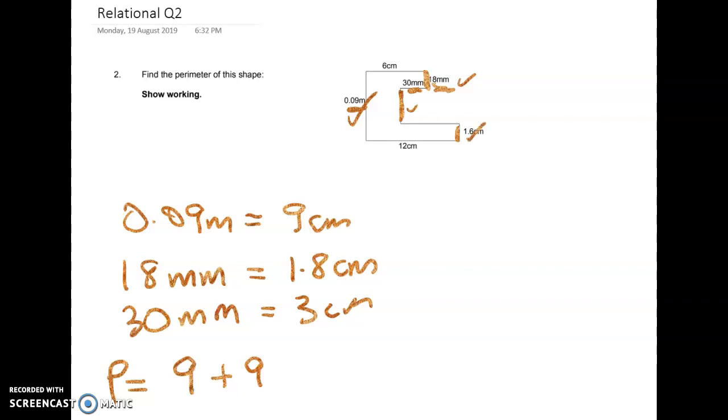And then I've got some bits left to add in. I've got 12 here, so that's that one done. And then I've got 6 up here. And I'm told that this one here is 3. So adding those up, what's left? Well, now I've covered up all the dimensions. Let's clean it up. So the only thing I've got left to get into my perimeter calculation is this bit here.